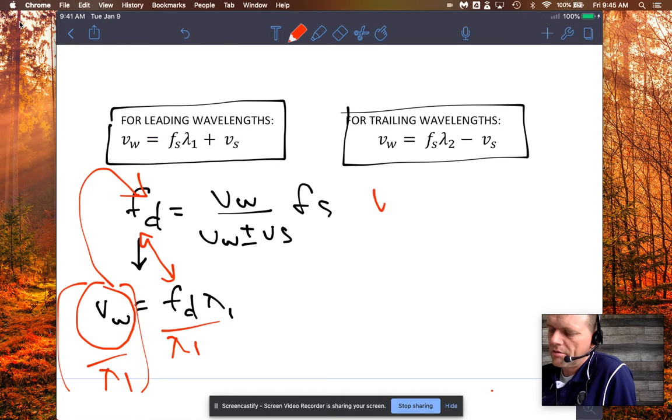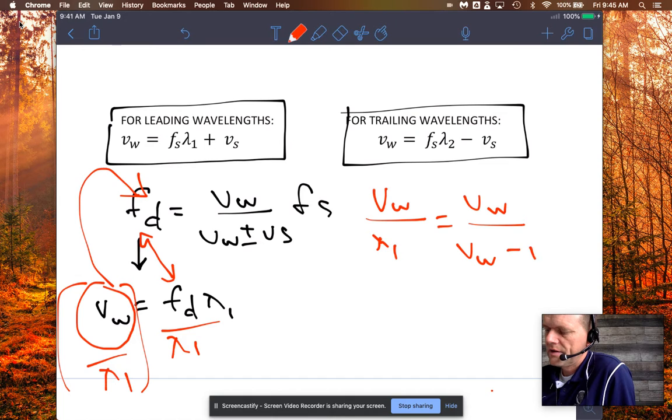This might get a little messy, but I can go VW over wavelength 1 is equal to VW over VW minus VS, because for leading wavelengths I have to subtract since it's approaching me, times the source frequency. Now, this looks really messy, and there's a whole bunch of VWs. We can simplify this expression, because VW is on both sides in the numerator, I can divide both sides by VW, and that cancels both of those VWs.